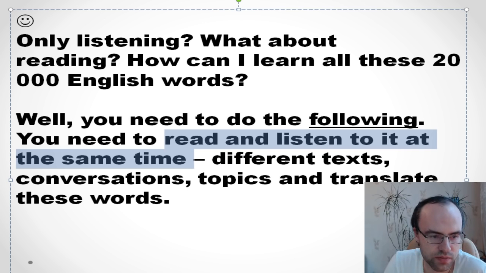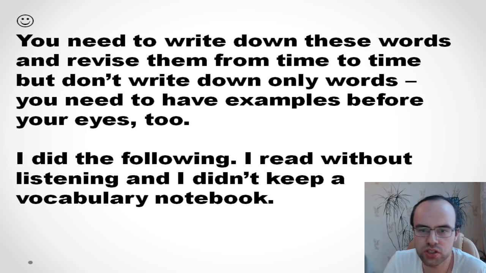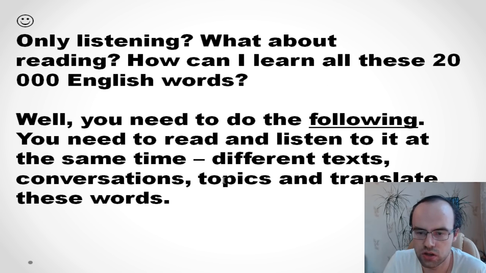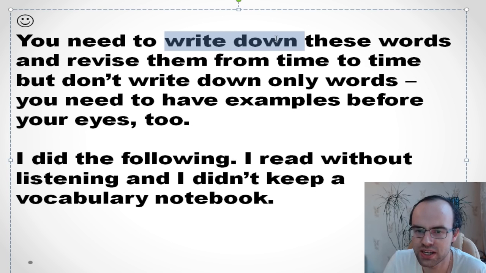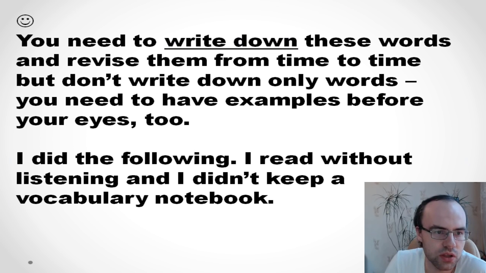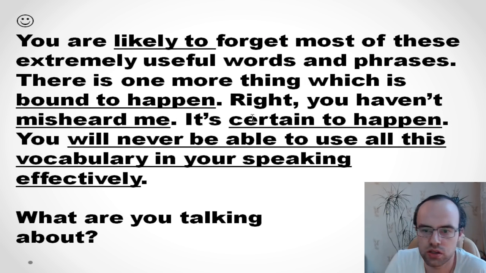What you also need to do is the following. You need to write down these words. You see new words, you translate them, and you write them down and revise them from time to time. For example, if you see a new phrase like bound or certain to happen, you need to write it down.